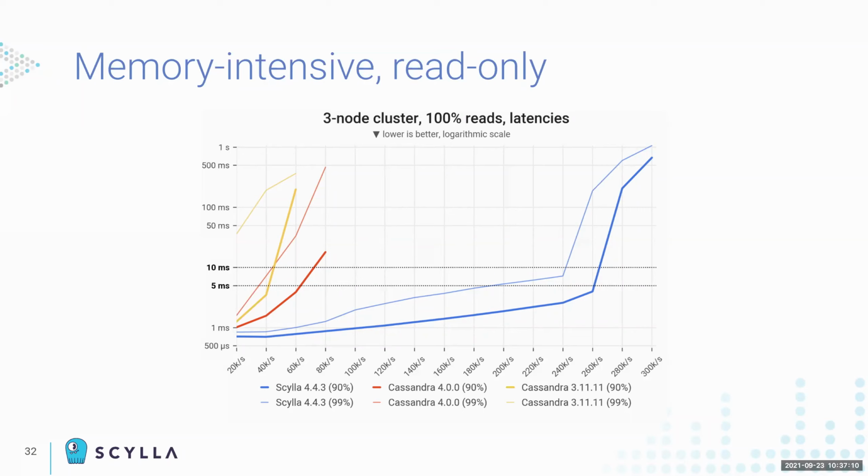Nevertheless, if you need your latencies to be low, the throughput difference is amplified by that. So, for example, for P99 less than 10 milliseconds, Scylla can handle 240,000 operations per second, and Cassandra can handle 40,000 operations per second. So it's again the 6 times difference.